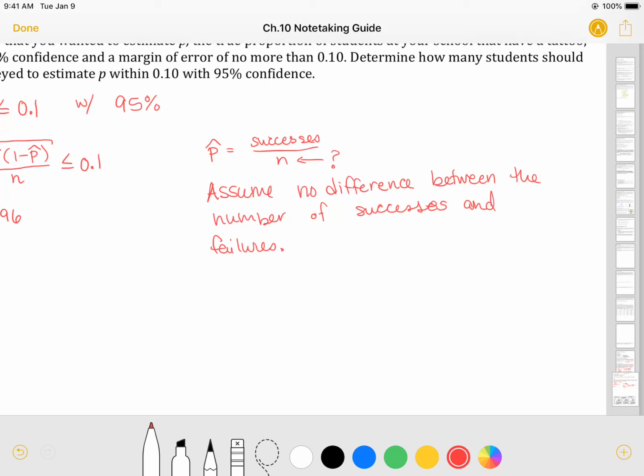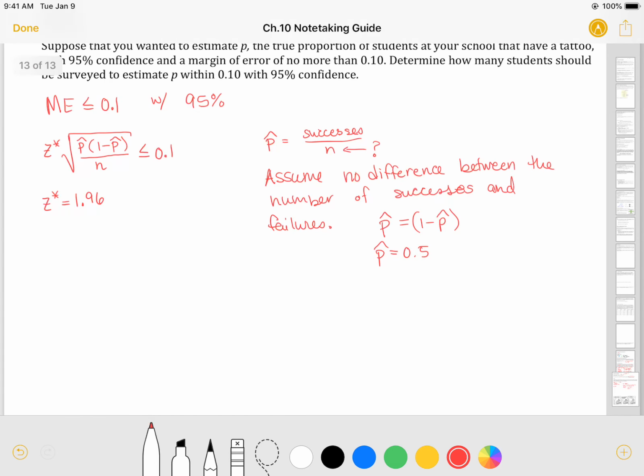What that means basically is assume that there's no difference between p hat and 1 minus p hat. So these two are equal to each other, and the only proportion that can be equal is if both of them are 50%. So we're going to assume that p hat is 50% when we do not know it.